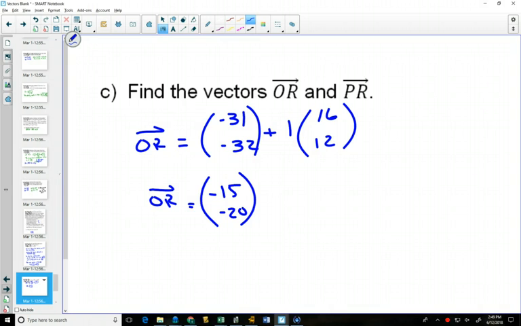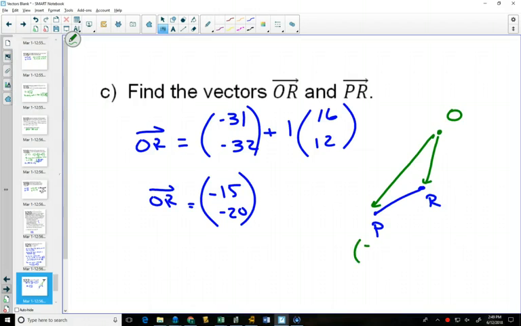And now if we wanted to find PR, there's a couple of ways we could find P to R. So we know P is here. We're traveling in this direction. We got to R. And from our origin here, we now know both of these vectors.